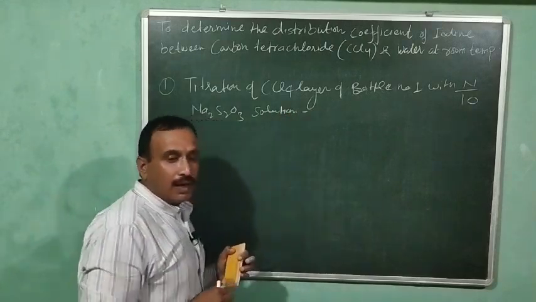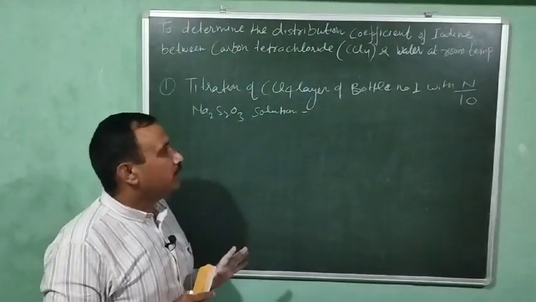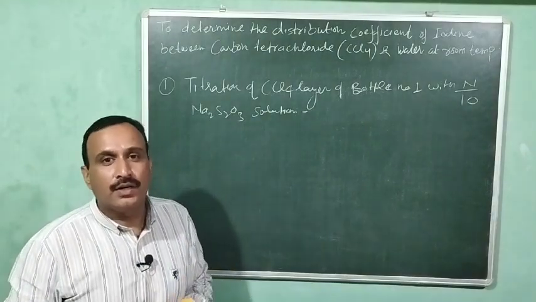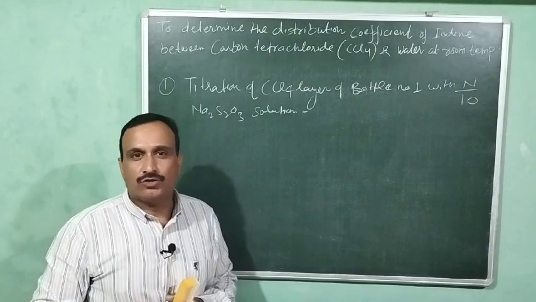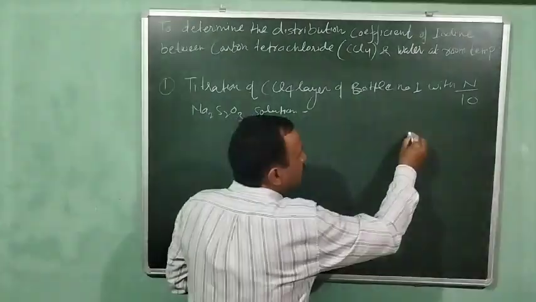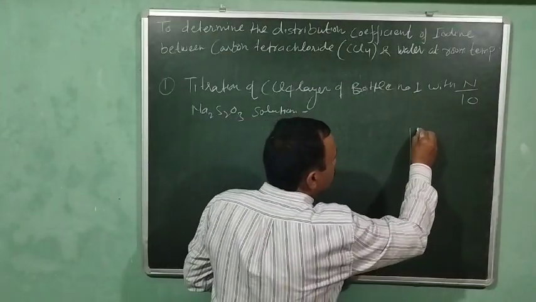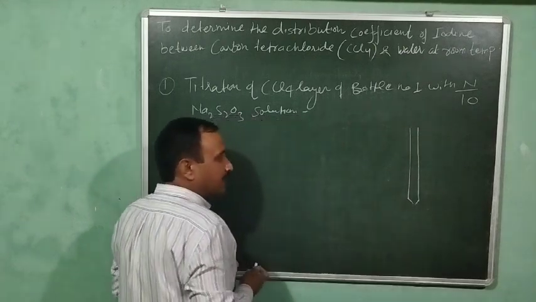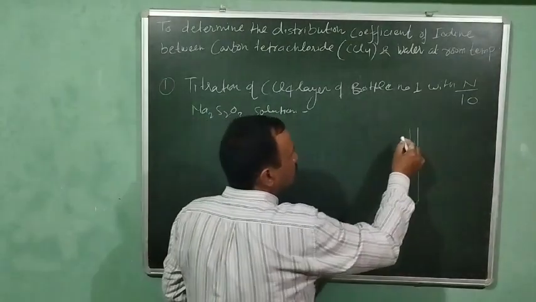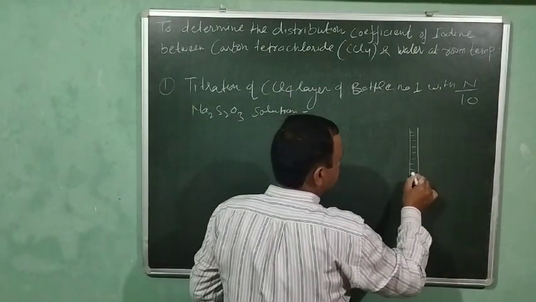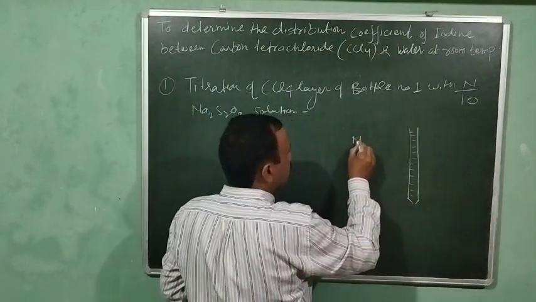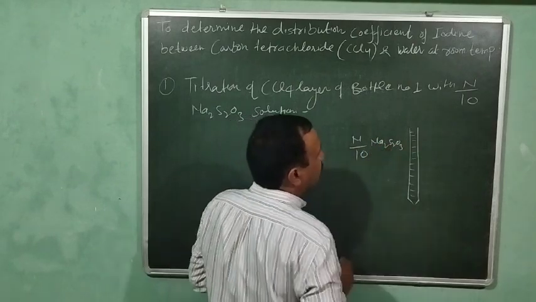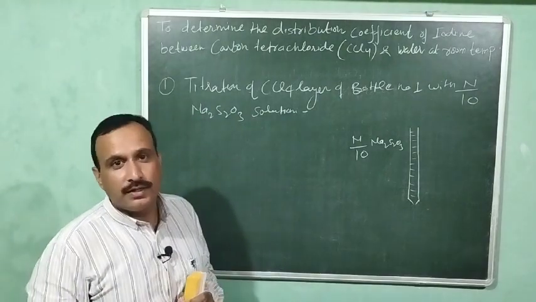Okay, and the procedure for this titration will be, first of all we will rinse and fill the burette with N/10 sodium thiosulfate solution. तो हम एक ब्यूरेट लेंगे, इस ब्यूरेट को रिंस करेंगे आपके सोडियम थायोसल्फेट सॉल्यूशन के साथ ही, और फिर फिल करेंगे इसको N/10 sodium thiosulfate solution से, and then we will note its initial reading.